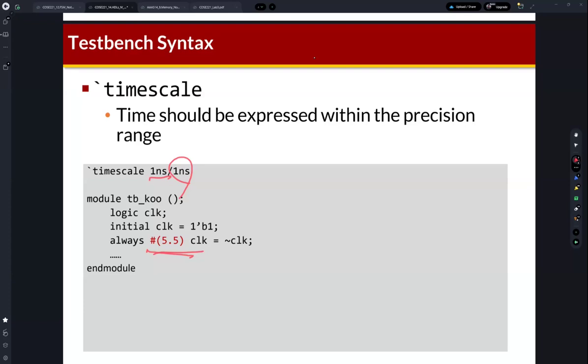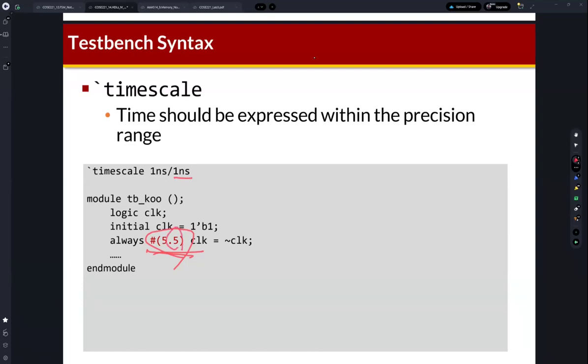Even though I use 5.5 for representing delay in the test bench, the fractional part will be ignored, because using the timescale primitive I defined the precision of time as 1 nanosecond.